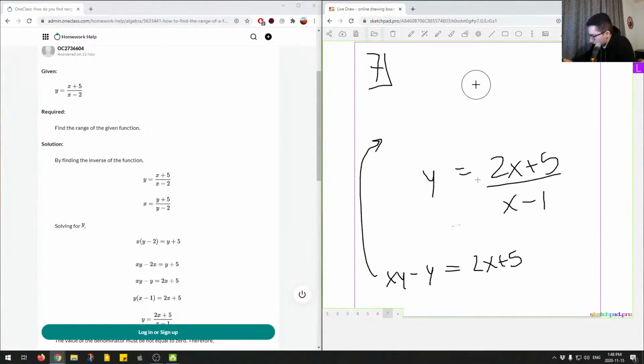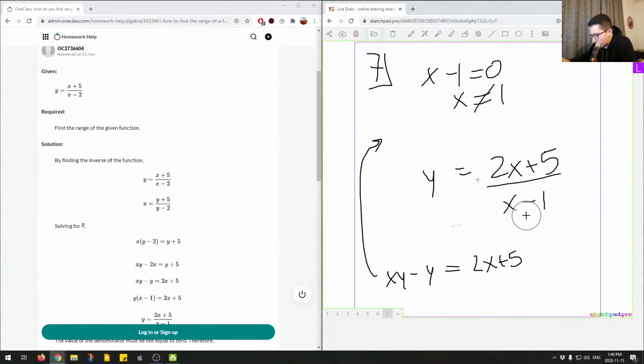To find the range, we're really looking at the denominator here. We set the denominator to 0, so x minus 1 equals 0, and solving for x we get x equals 1. The denominator cannot be equal to 0, because if we have something divided by 0, it's undefined. That's a general rule for algebra.